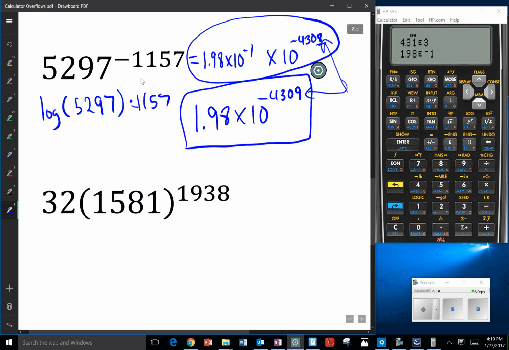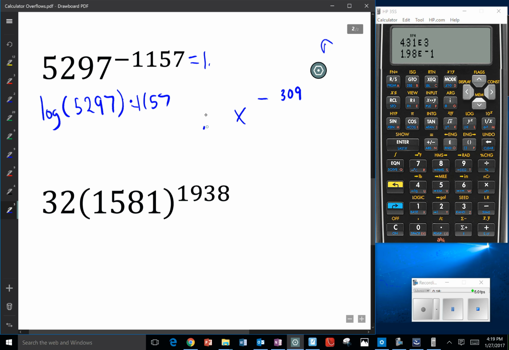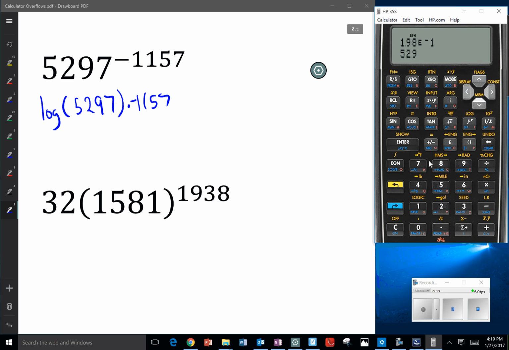Remember the special trick here. Let me go over this one more time. The special trick is, I'm going to erase most of this here. Let's make that negative look nice and pretty here. The special trick is when you log the 4,297 and then you multiply it by 1,157 negative, and you show, you get 4,308, but it's actually negative.